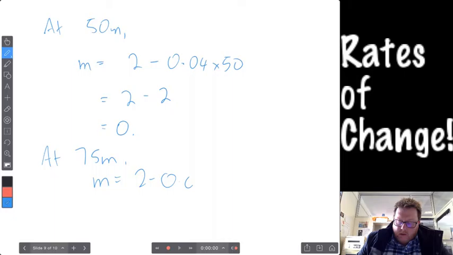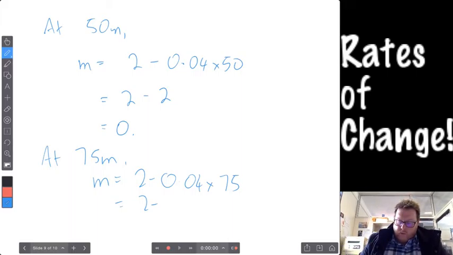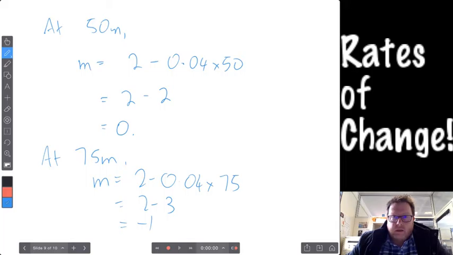Using my calculator, 0.04 times 75 is 3, which gives -1. There's nothing wrong with a negative gradient. A negative gradient simply means that the graph is going downways instead of upways. So it means it's falling by 1 meter for every meter of distance, which kind of makes sense at that point.